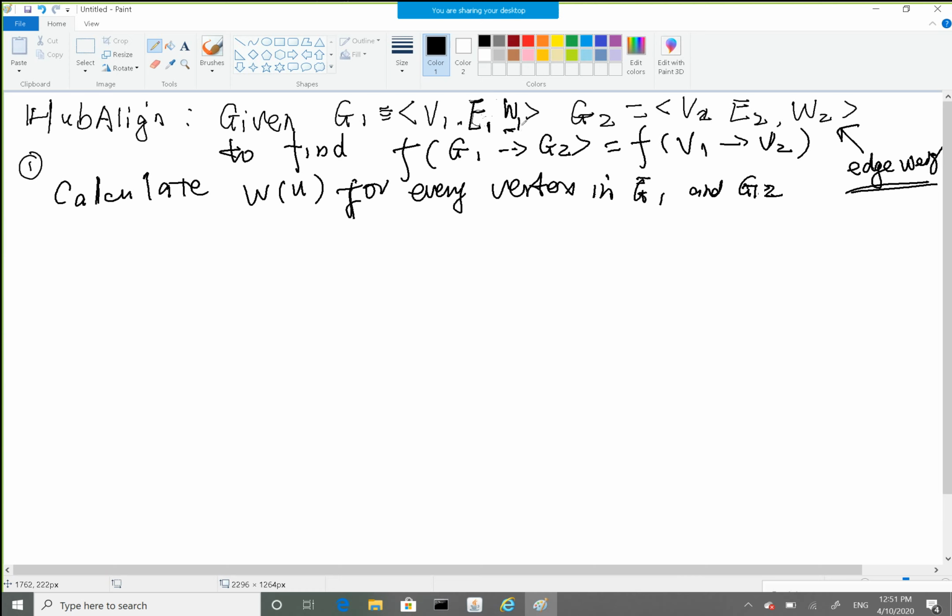And this weight corresponds to the importance of vertex U. And how do you judge the vertex U is important, right? So then in this algorithm, I give you just one example. So let's see just one example, right? The graph.